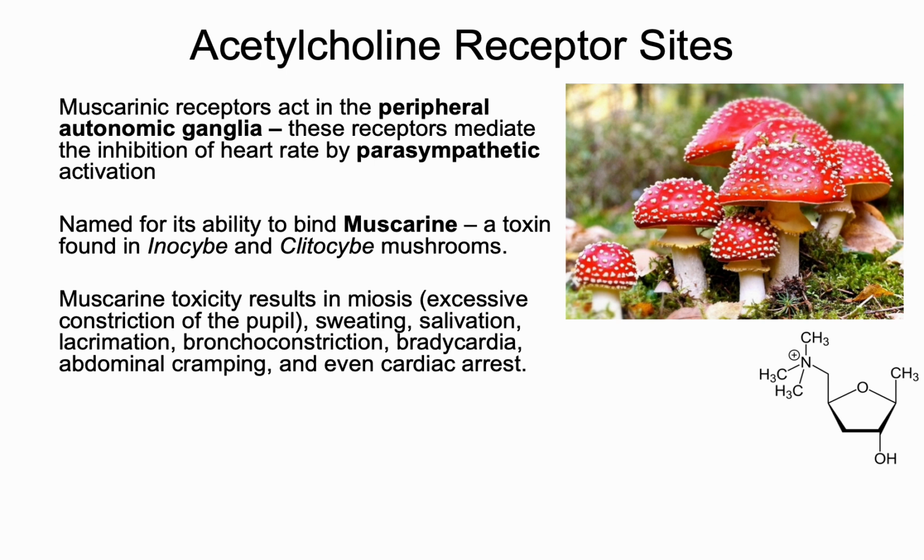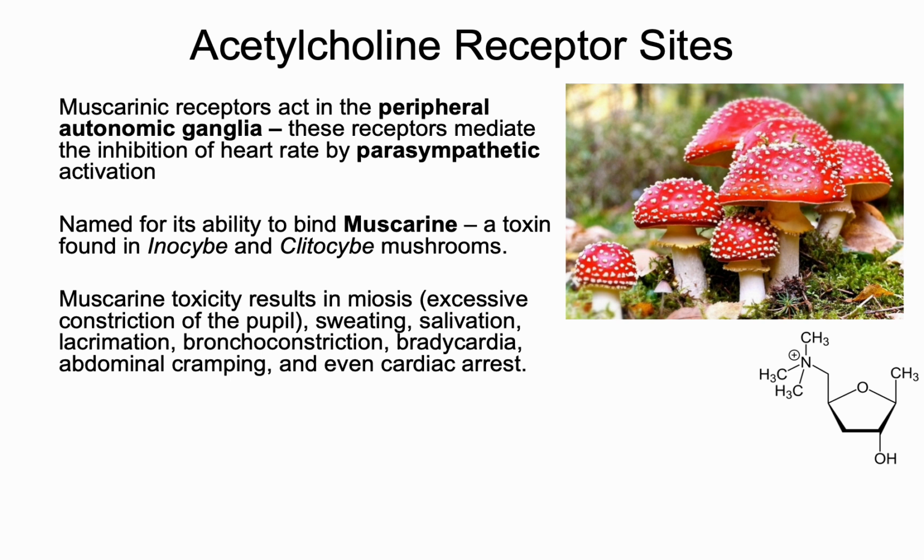So the acetylcholine receptors, the specific type, M1 through M5, bind to a toxin called muscarine that's found in a handful of different mushroom species in the genera Inocybe and Clitocybe. And they affect muscarinic receptors in the periphery because muscarine does not cross the blood-brain barrier generally.